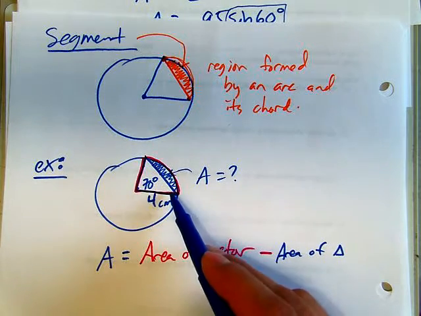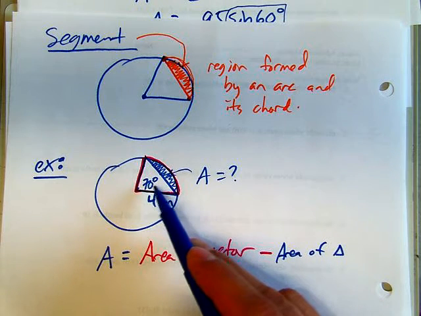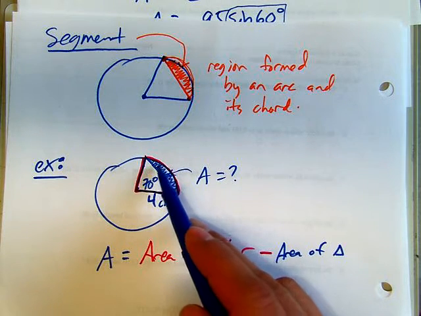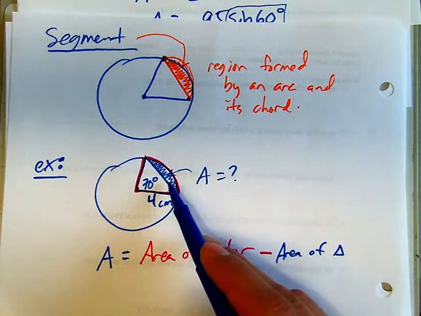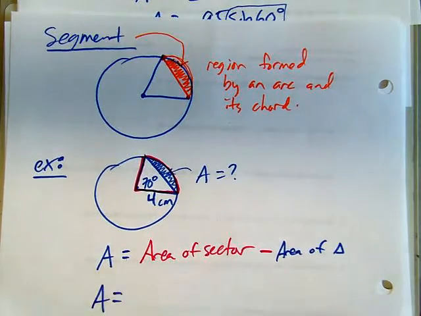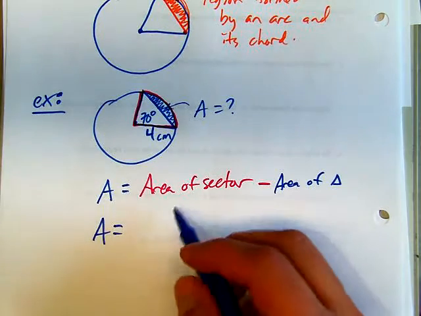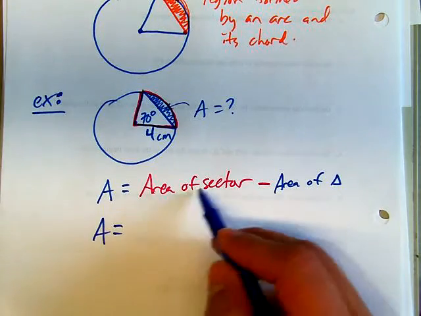So if I take the entire sector area, subtract the area of this triangle here, that'll give me the area of the segment.